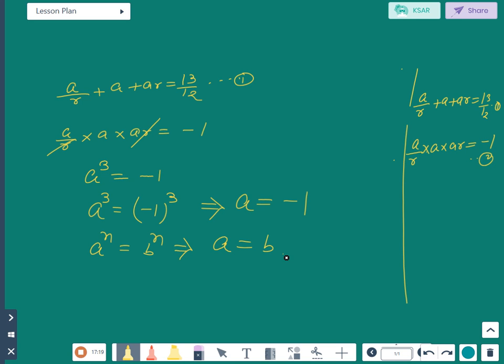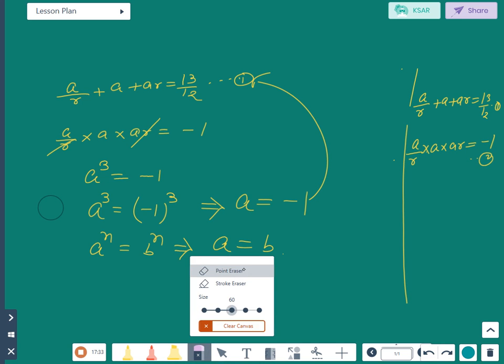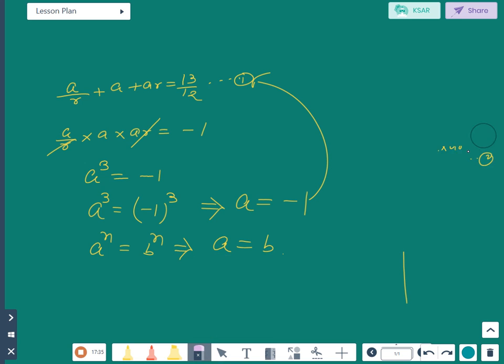Clear? Now this -1 is the real root you have considered. This -1 we will substitute into equation 1, and what are we getting? -1 over r, minus 1, minus r, equals 13/12, right?